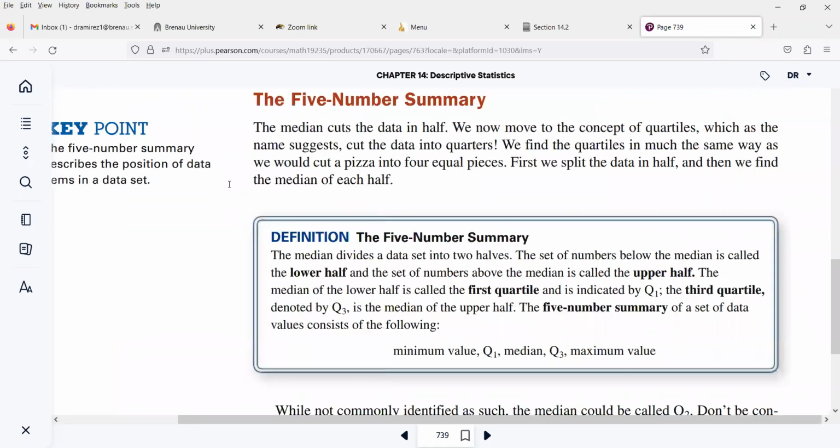So you can see that the median cuts the data in half. The median is the middle value, so it's going to divide the data into a lower half and an upper half. We now move to the concept of quartiles, which, as the name suggests, cut the data in quarters. We find the quartiles in much the same way as we could cut a pizza into 4 equal pieces. So first split the data in half, and then find the median of each half.